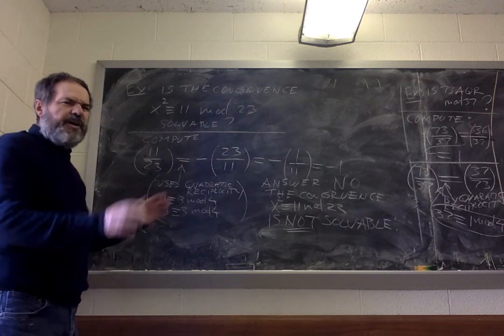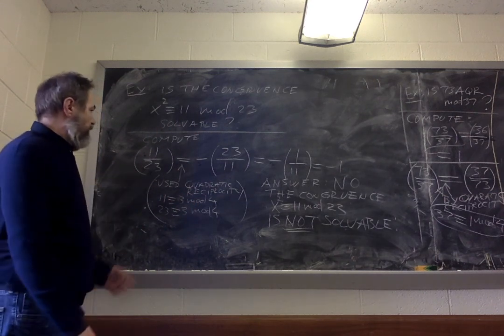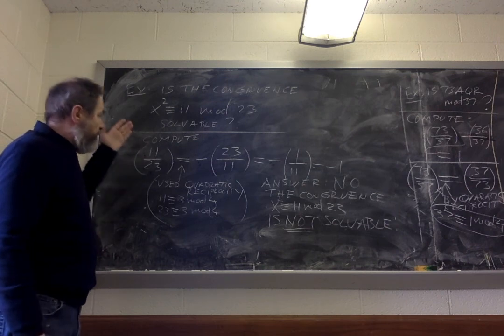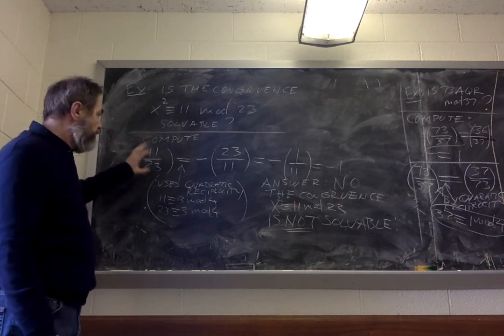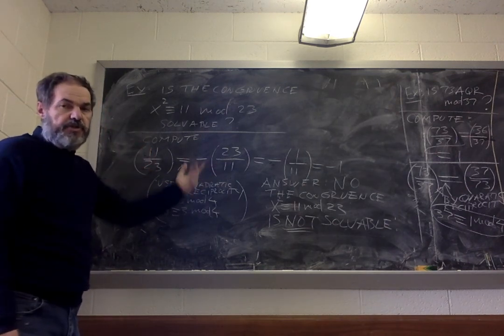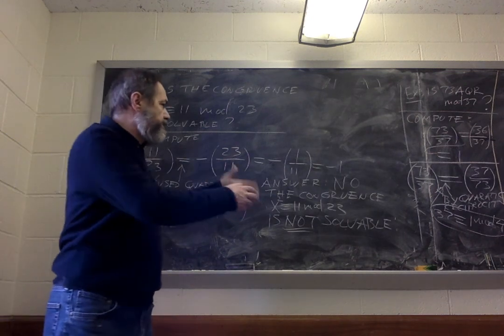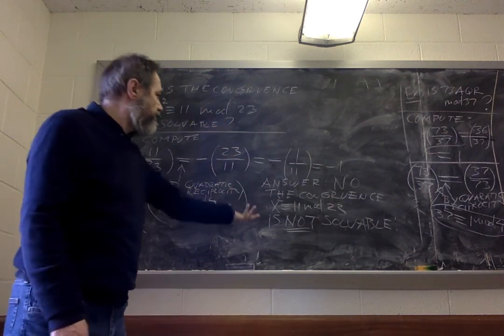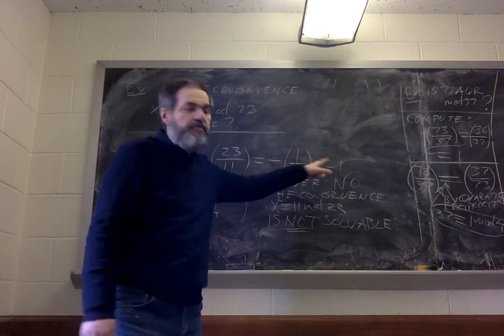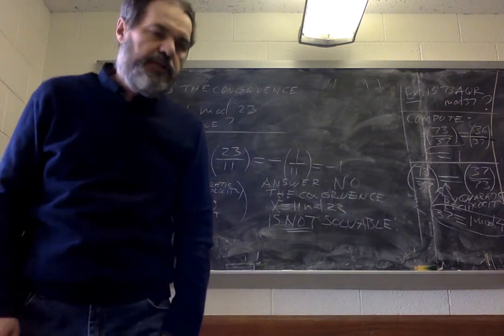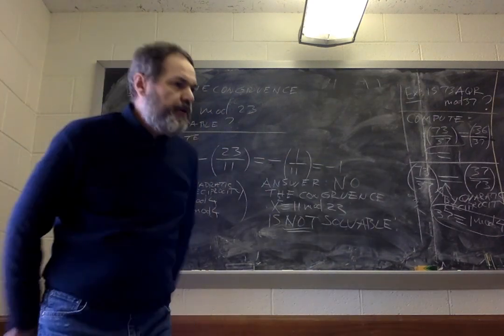Or if the number is a prime there, I can use quadratic reciprocity and change the product. So by combining these steps, sooner or later we get to smaller and smaller numbers, and we are able to compute the symbol. All right, I think we can stop this.